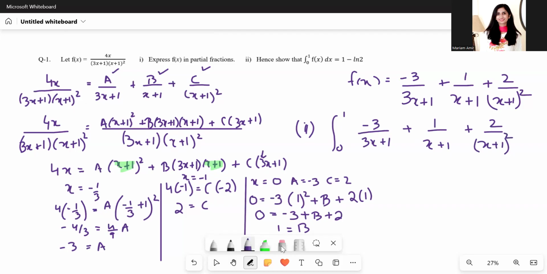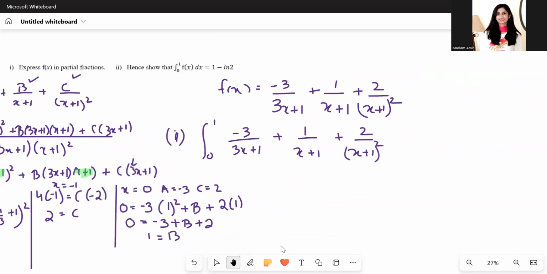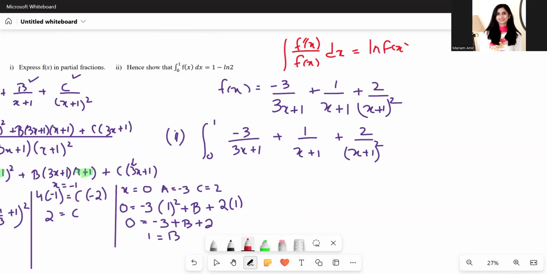Okay, so in this question, two rules of integration are being applied. One of them is that if you have f(x) in the denominator and an f prime x in the numerator, then the answer of integration is going to be ln f(x).